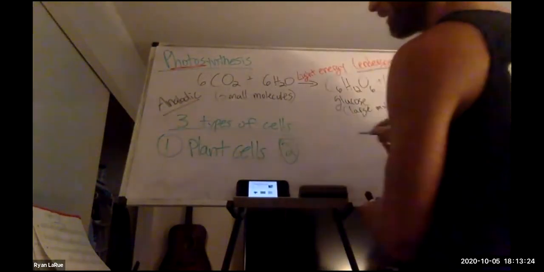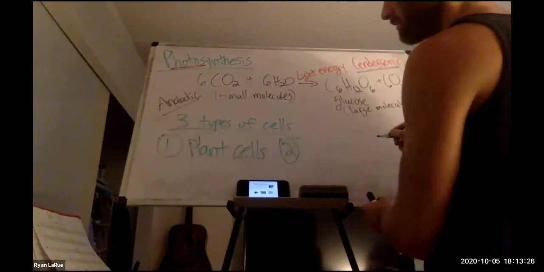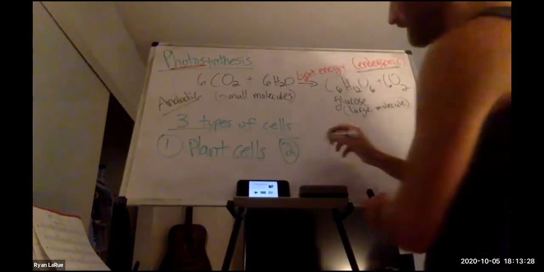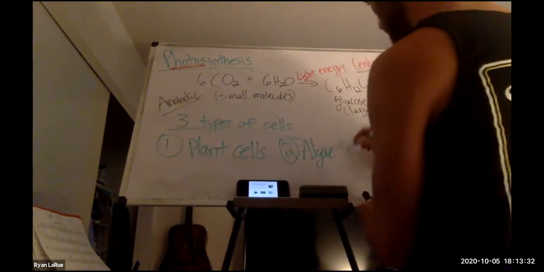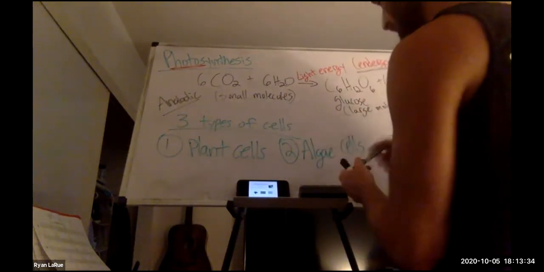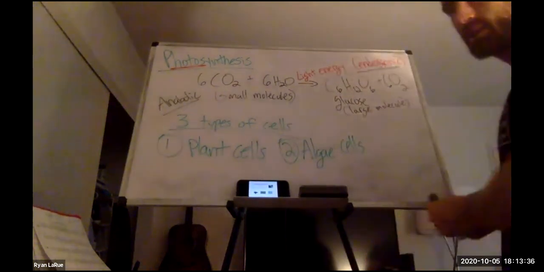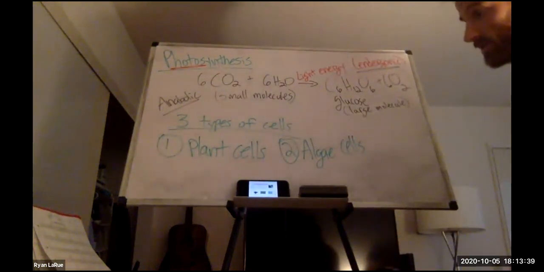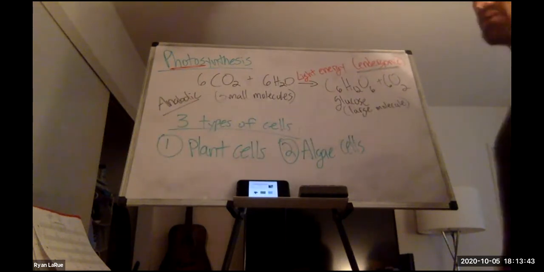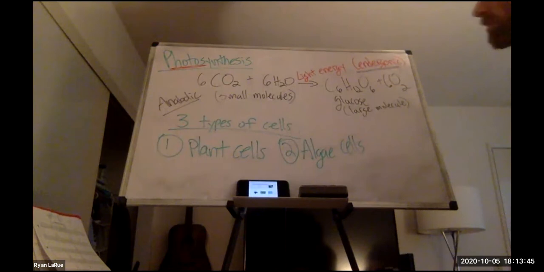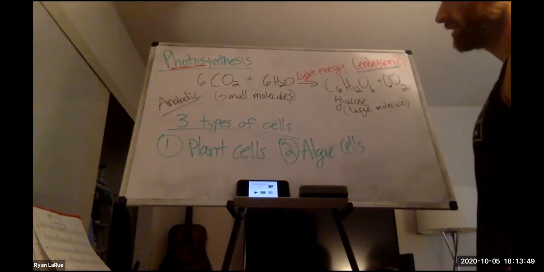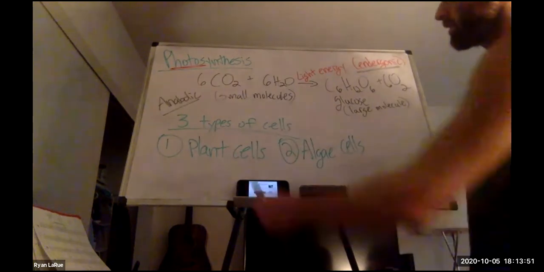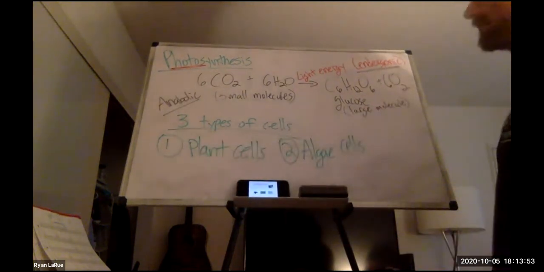Another, I'm sure you've heard of algae. Algae cells. Algae are interesting, not exactly plants, not exactly animals, right? We actually call them protists. They're in a category of what we call protists. Photosynthetic protists. They're similar to plants, but not enough so to be called plants.